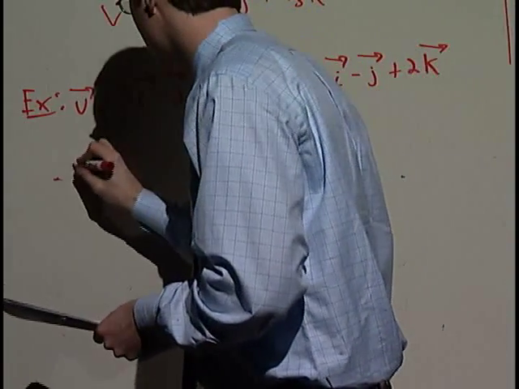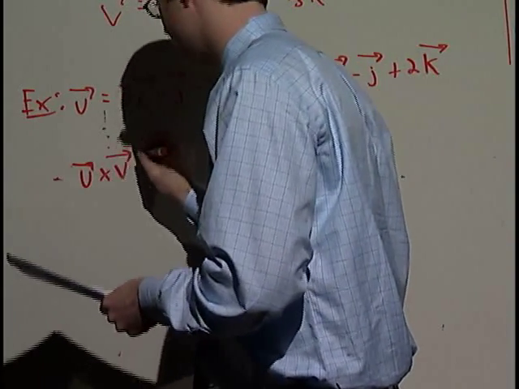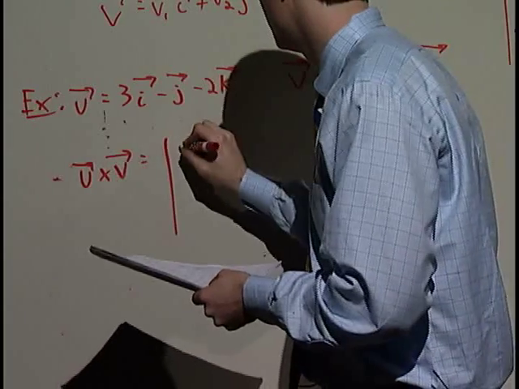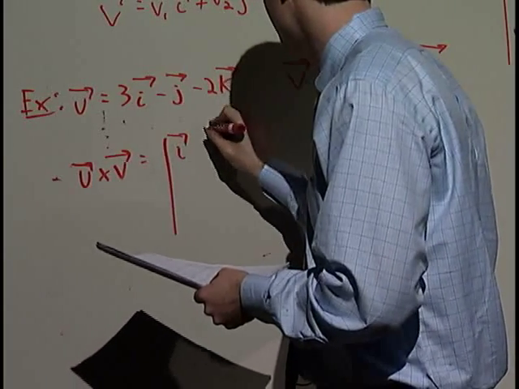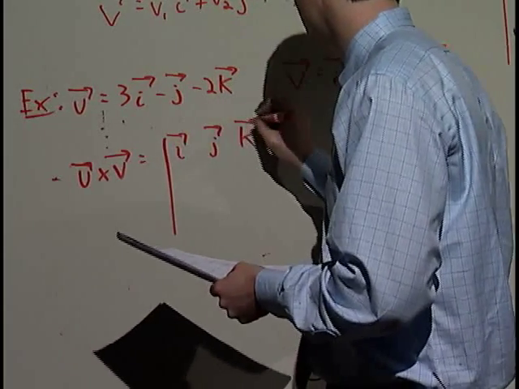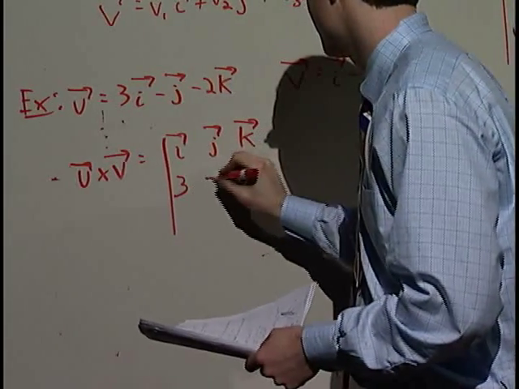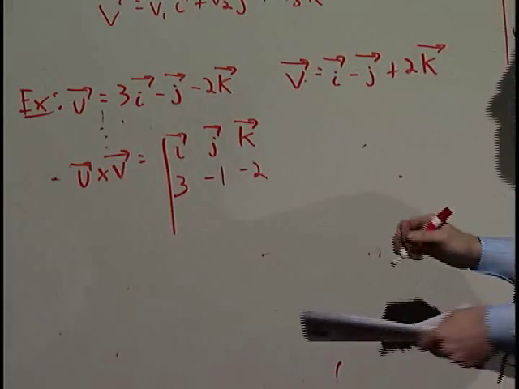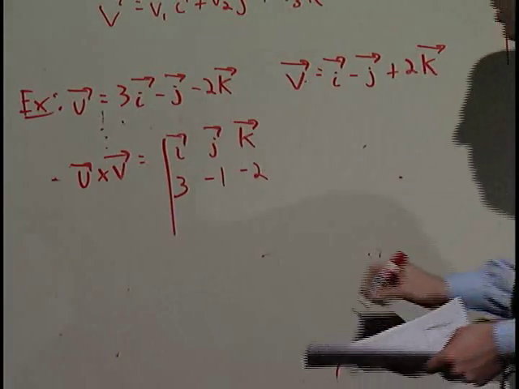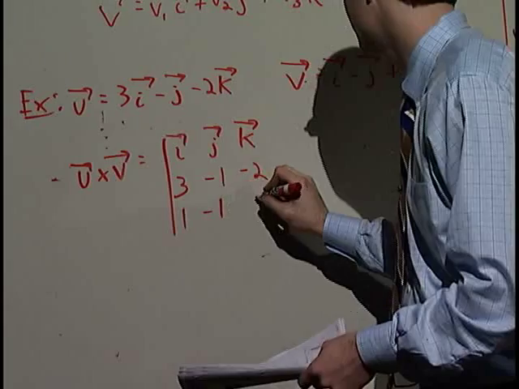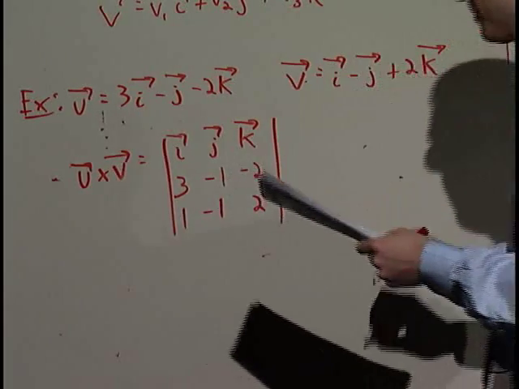Okay, so u cross v. All right, well, I need the determinant. I'm going to fill in my entries first of all. i, j, k. The u coefficients are 3, -1, -2. The v coefficients are 1, -1, +2.